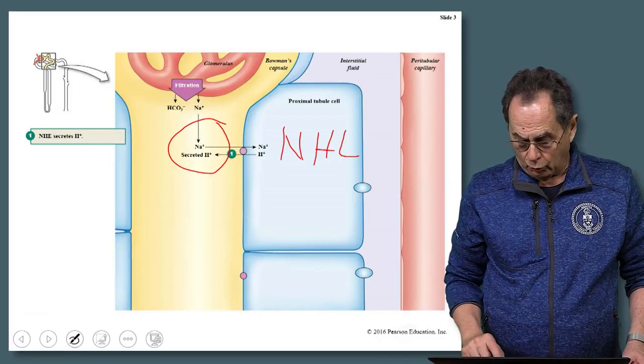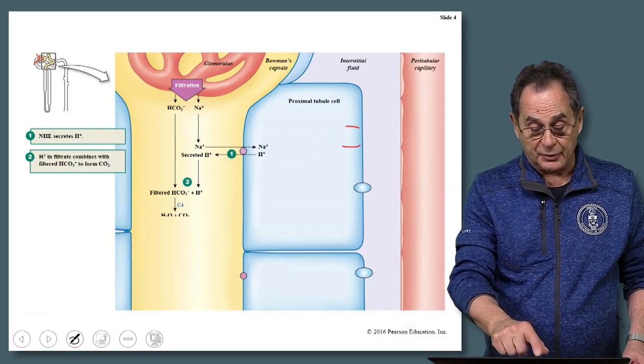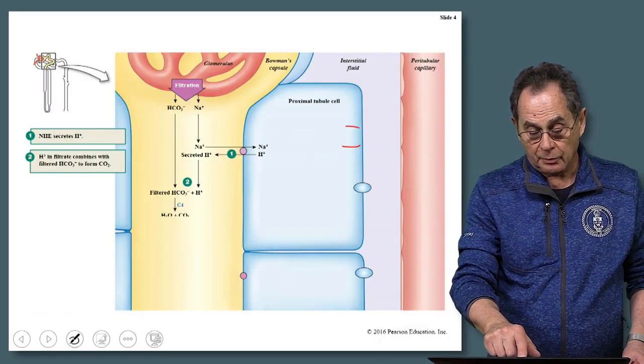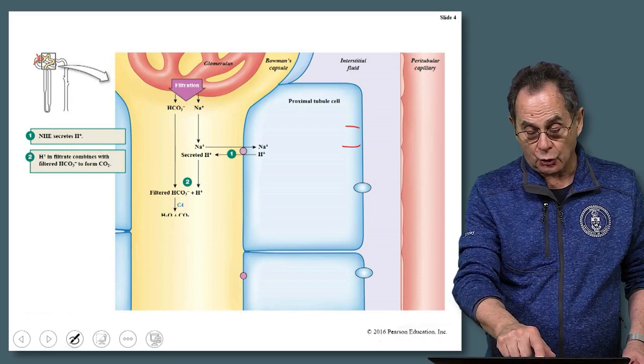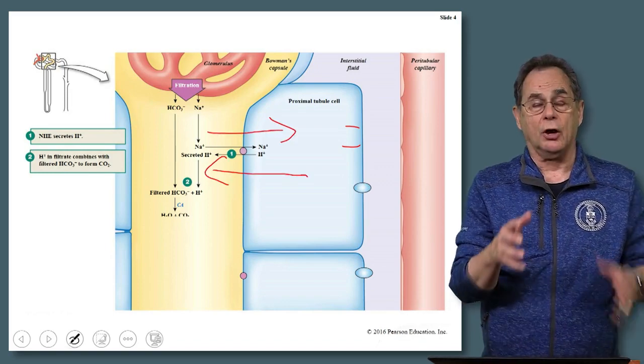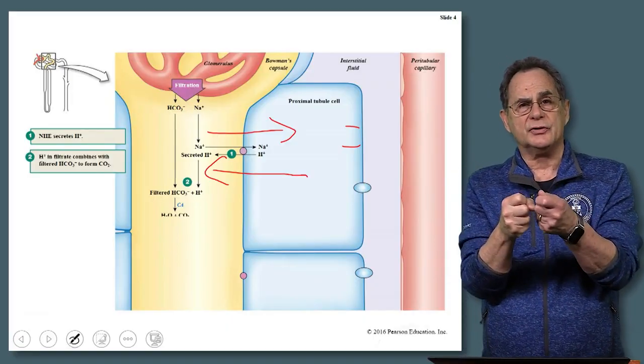Now, what's the next step? Well, the next step is the bicarbonate combines with the hydrogen ion. So sodium enters the cell, hydrogen ion exits the cell because of the antiporter activity.